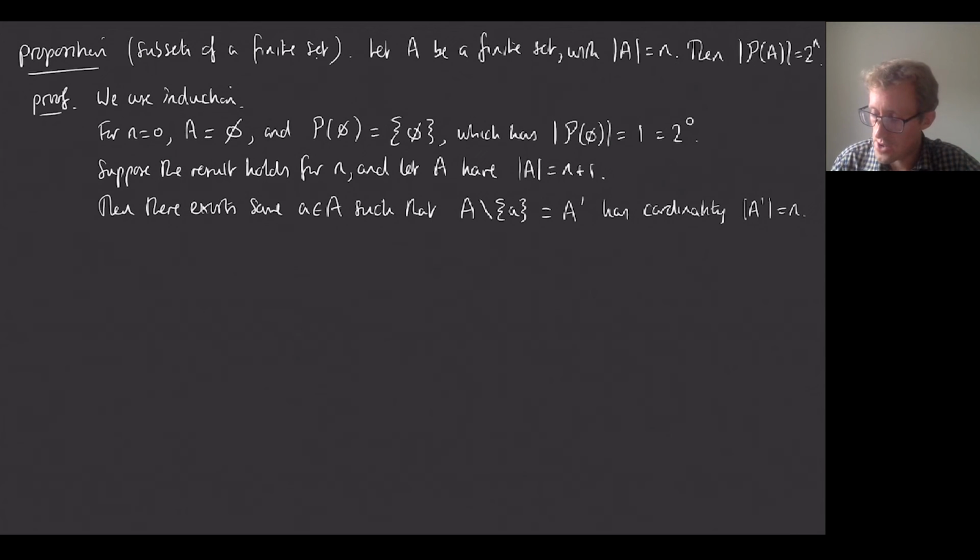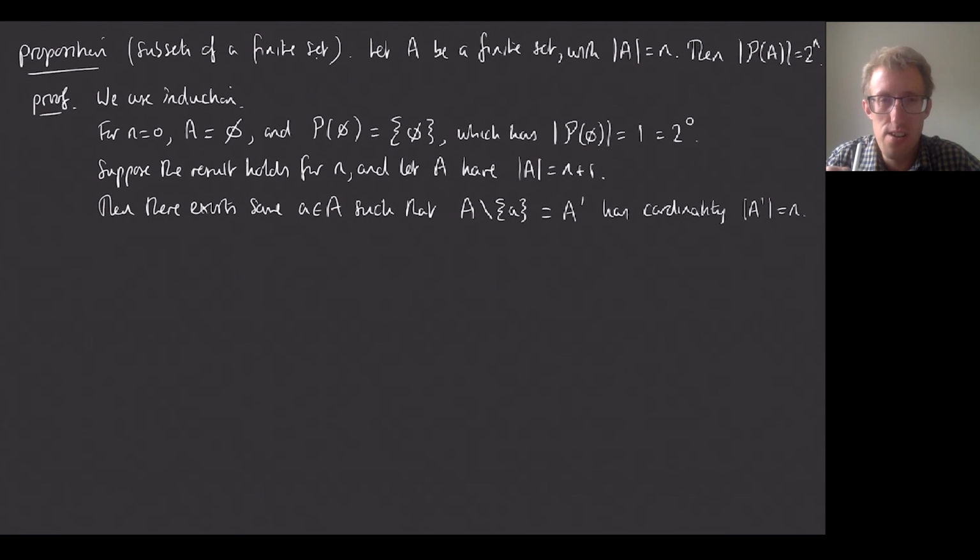Okay, and so if that has cardinality n, then that's small enough such that we're supposing the result holds for that. So we know that the cardinality of the power set of this A primed is going to be 2 to the n, and we're going to make use of that. We want to know about the cardinality of the power set of A, so we need to think about the subsets of A. So the subsets of A, either they're going to contain this particular element, little a, that we got rid of, or they're not.